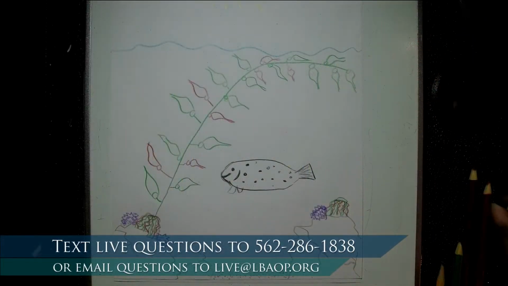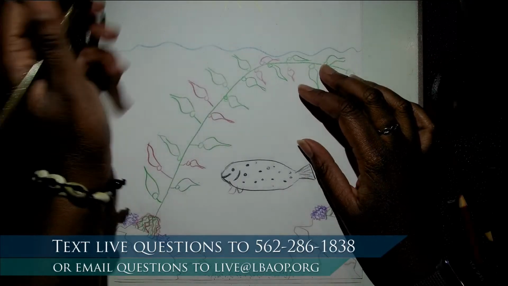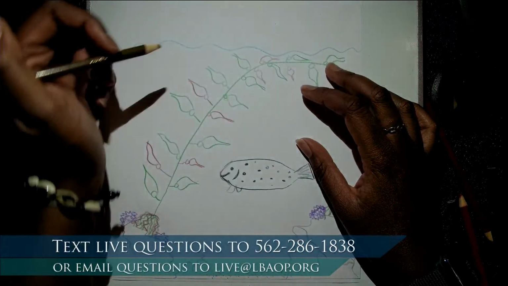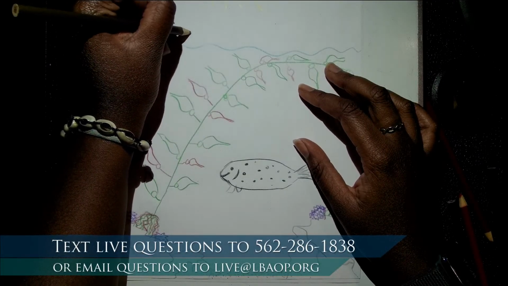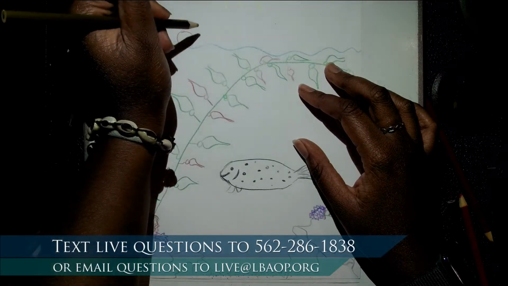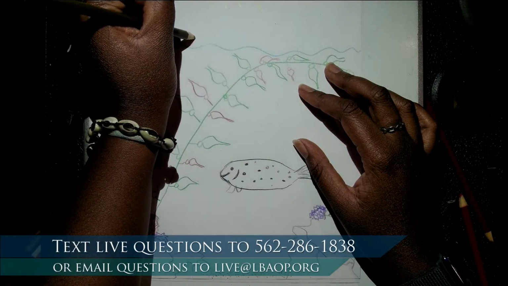Alrighty, so I've got my brown colored pencil right over here, and I'm actually going to add one at least to the surface. Oftentimes sea otters will be just laying out on their backs, hanging out, floating.